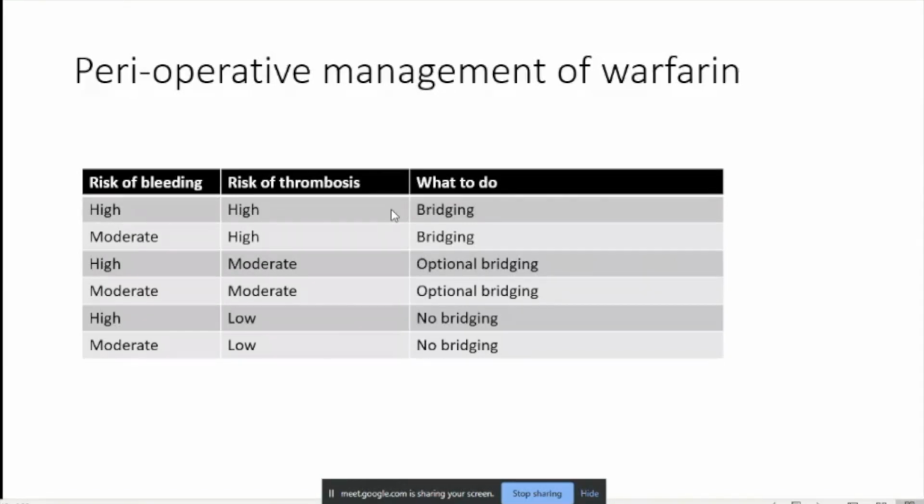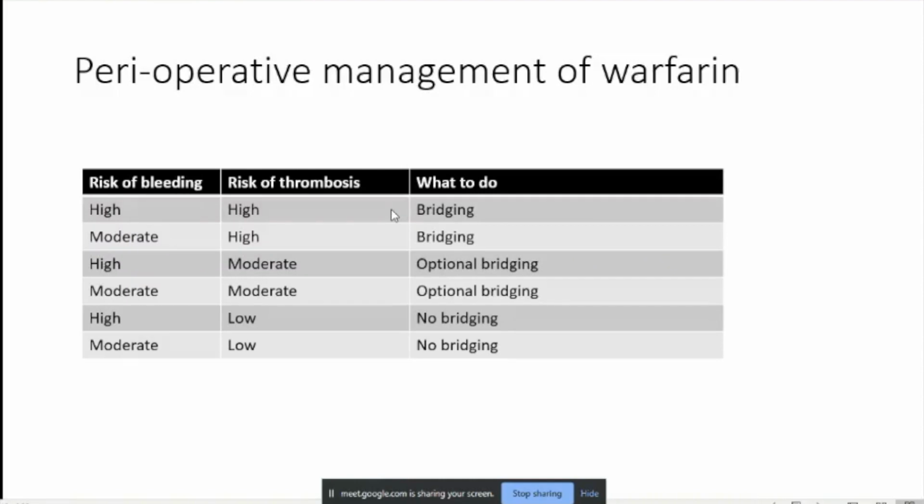If the patient had the TIA in the last 3 to 12 months, then it is moderate risk of thrombosis. And if the patient has no history of stroke or TIA, but has a mechanical heart valve, that is low risk of thrombosis.